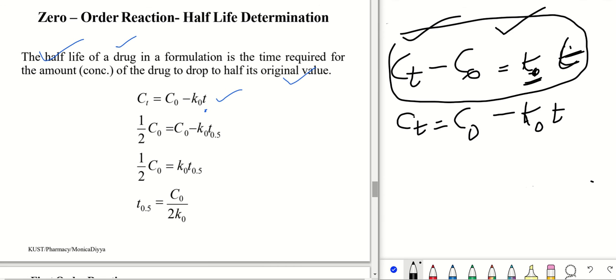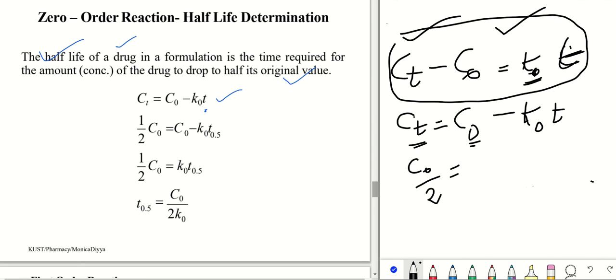At that particular time interval, the concentration should be exactly half, right? So if this is the concentration at the beginning of the reaction, then at that particular time interval this has to be C0 by 2, because it is half of its original value.